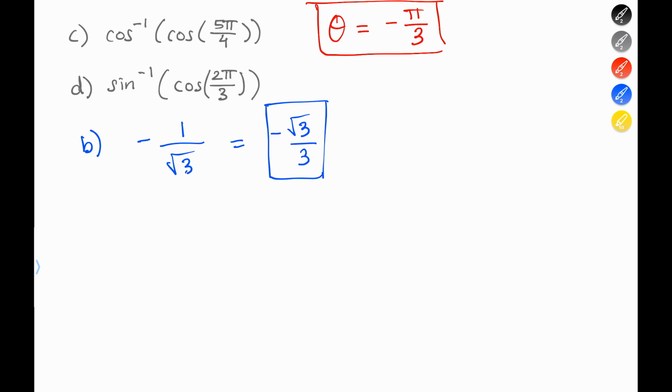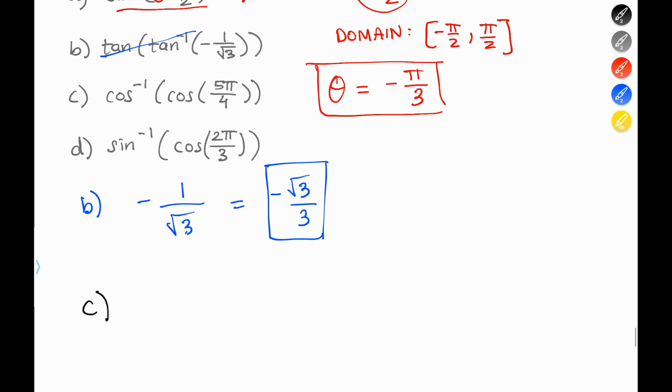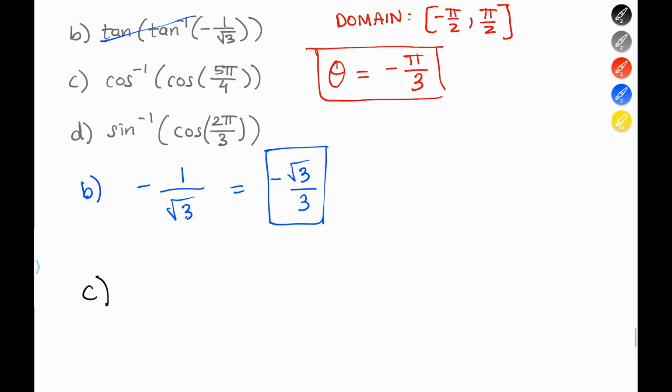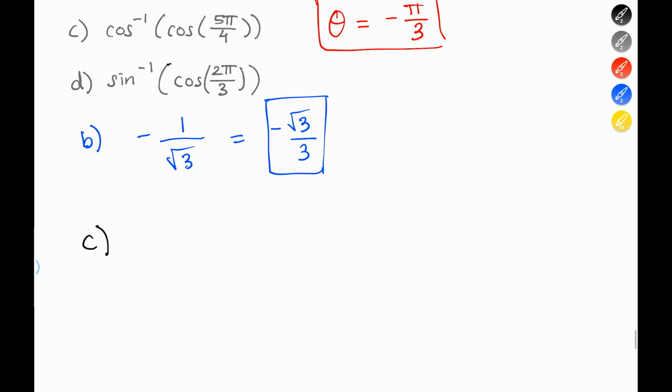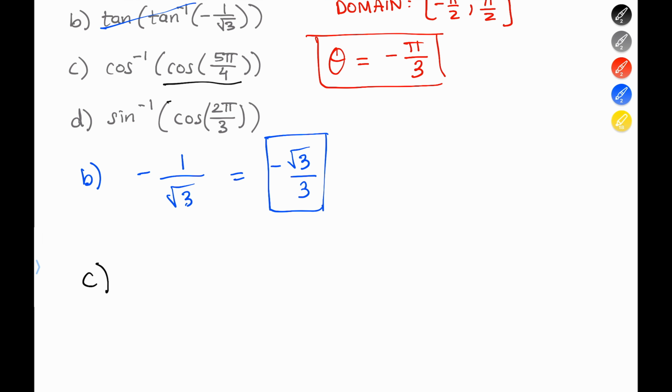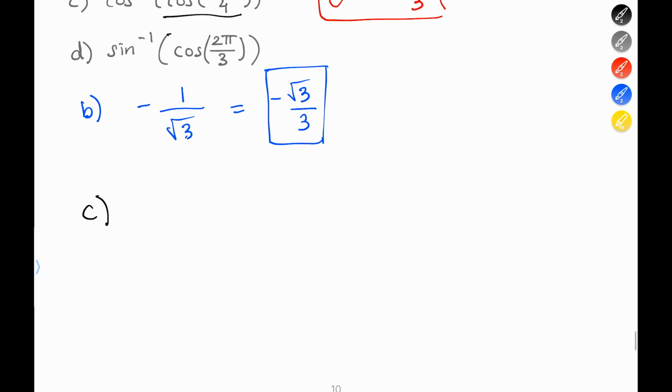Looking at C, this time we can't do the same trick because we notice that our cosine inverse is on the outside. So let's first find cosine of 5 pi over 4. When we are at 5 pi over 4, we're over here, because it's pi over 4, 3 pi over 4, 5 pi over 4, and then 7 pi over 4.